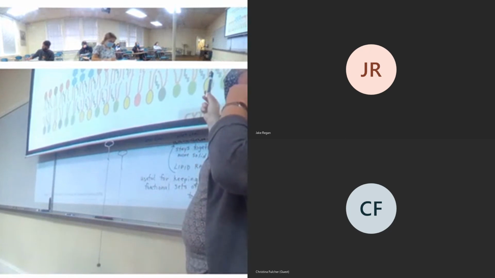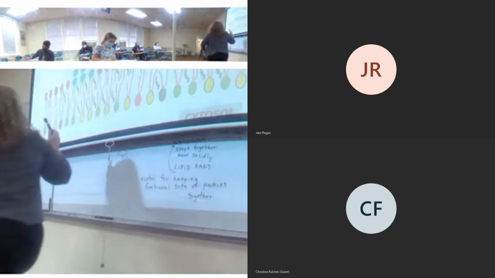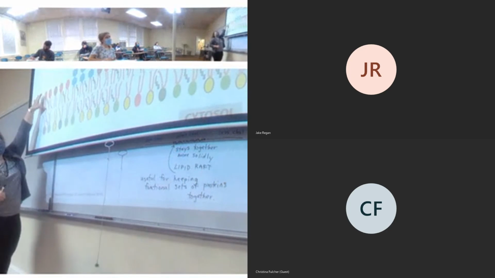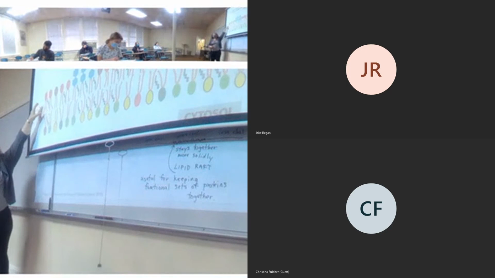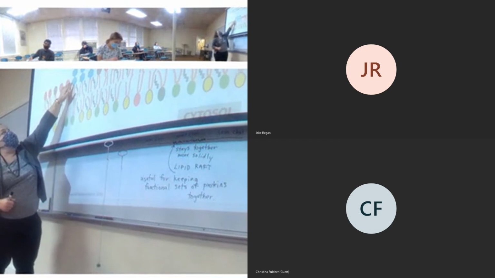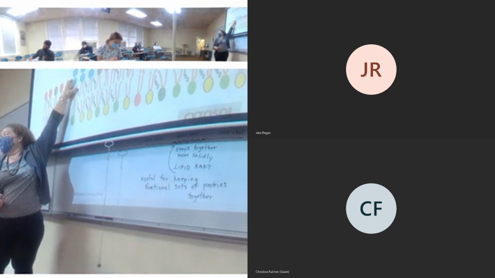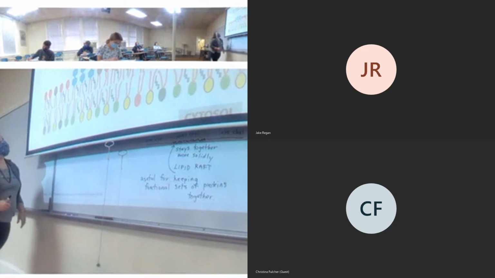Depending on the cell and what its jobs are, a lot of times the outer surface of a cell membrane that faces the outside world is going to have a lot more sugars or carbohydrates on the outside.